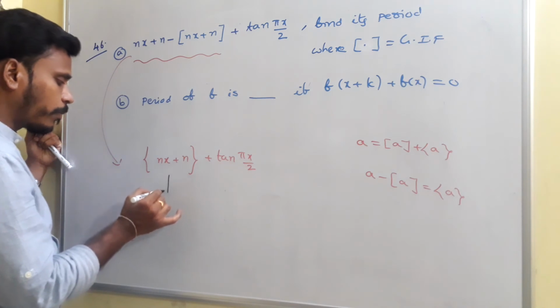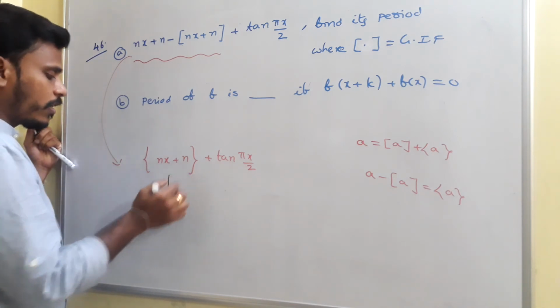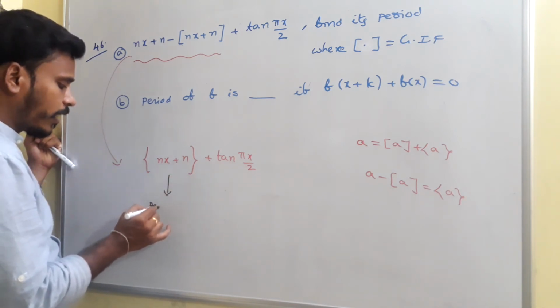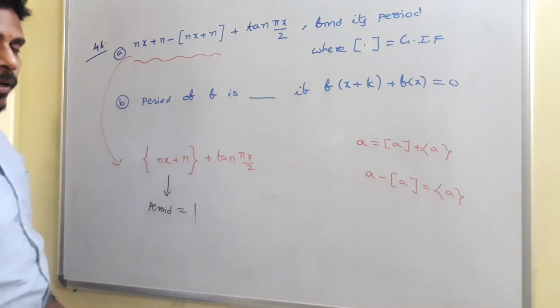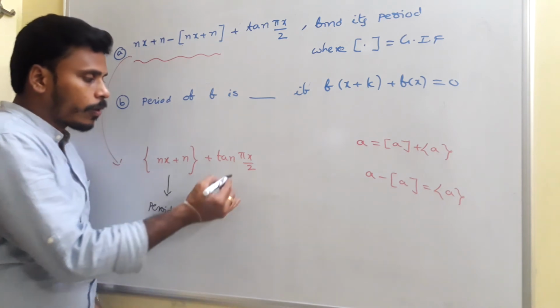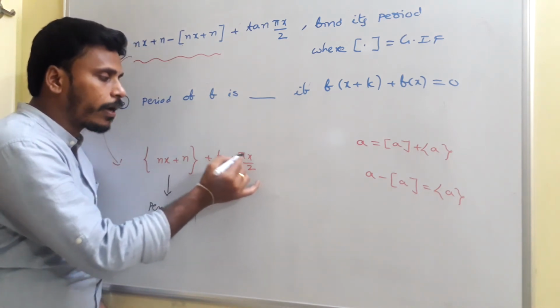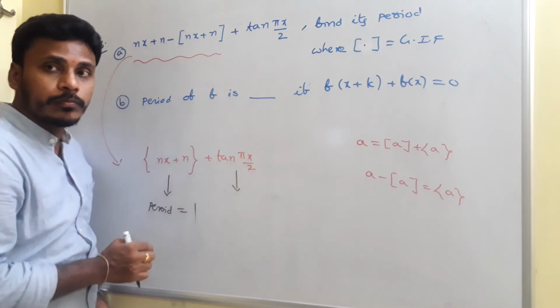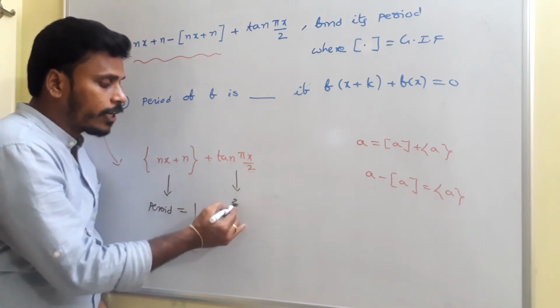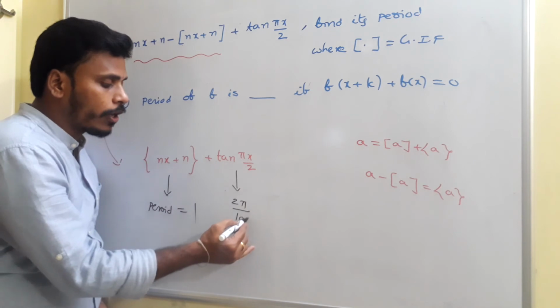First of all, what is the period of this function? Since it is a fractional part, its period is 1. Already we learned it, okay? For the fractional part, the periodicity is 1. Whereas for this function, tan of pi x by 2, see, the x coefficient is pi by 2. Actually, period is 2 pi by mod a.